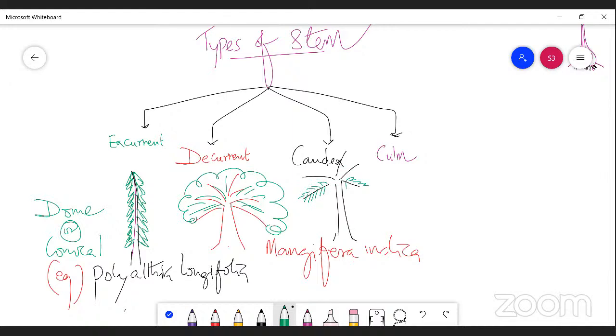These plants fall in this category. It is unbranched, but the scars of the leaf bases are found, which is why you can say codex. So Cocos nucifera is the best example.